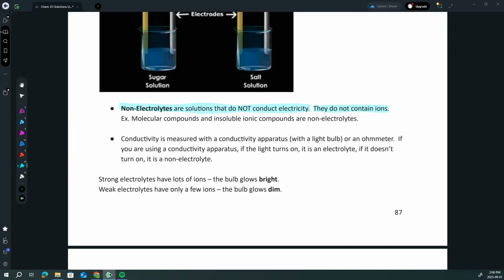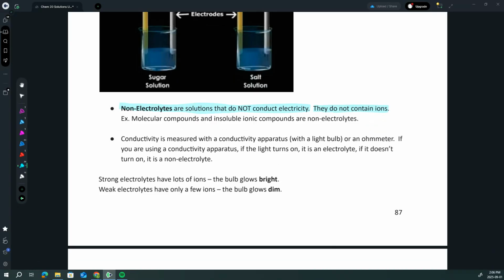Now, conductivity, as we saw, is measured with something called a conductivity apparatus, which is just electrodes hooked up to a light bulb. If the light turns on, the solution that your electrodes are in is an electrolyte, and if it doesn't turn on the light bulb, then it is a non-electrolyte.